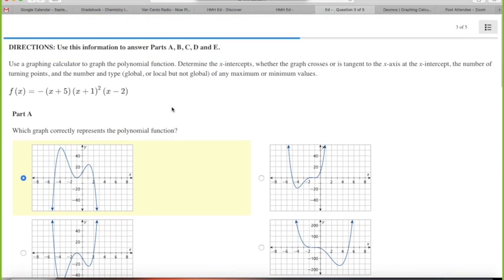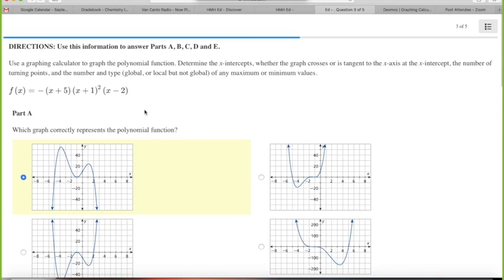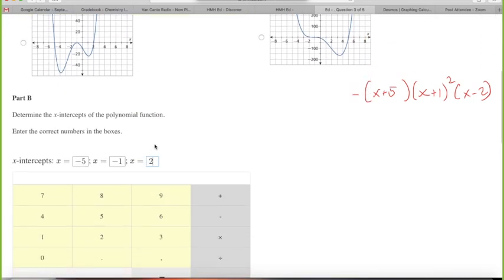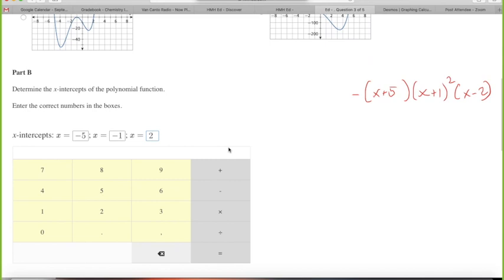I can check that by looking at my equation up here: x plus 5, x plus 1 squared, x minus 2. So all these numbers fit in. So right here, if I'm trying to find my zeros, x equals -5, -1, and 2.